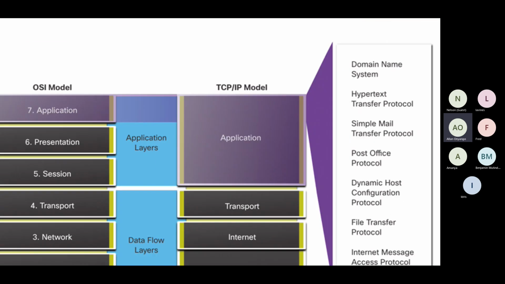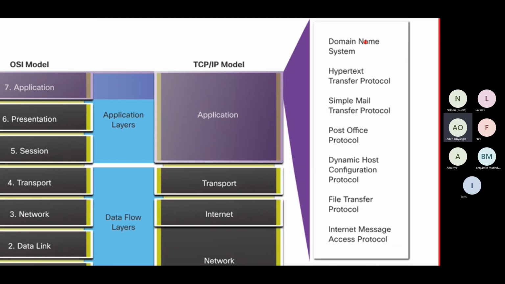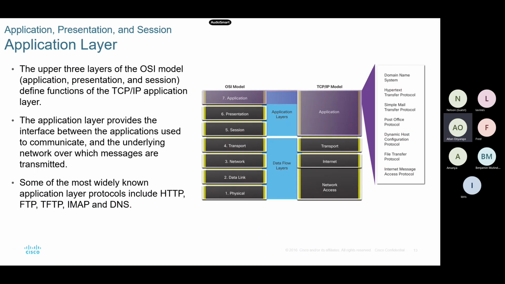Looking at my diagram, you can see all the applications found within the application layer and, by extension, the presentation and session, whether it's HTTPS, SMTP, POP, DHCP, FTP, or IMAP. All these are the applications that we find under them.